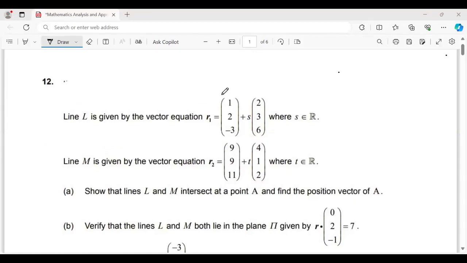Number 12. Line L is given by the vector equation r1. Line M is given by the vector equation r2.